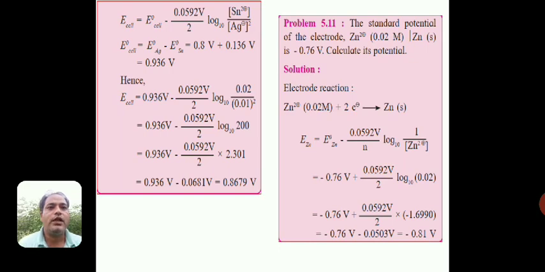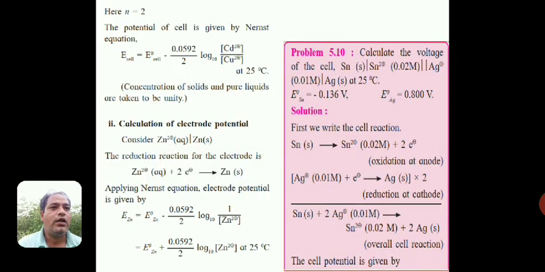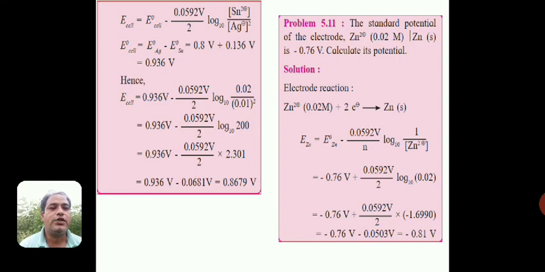That means the overall E of cell or the voltage of cell is 0.8679 volt. In this way we can find out the cell voltage or the cell potential.